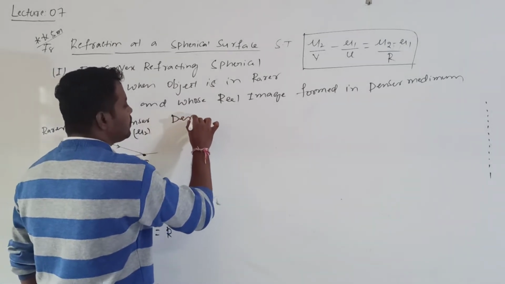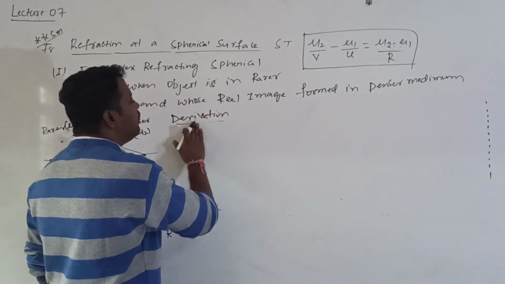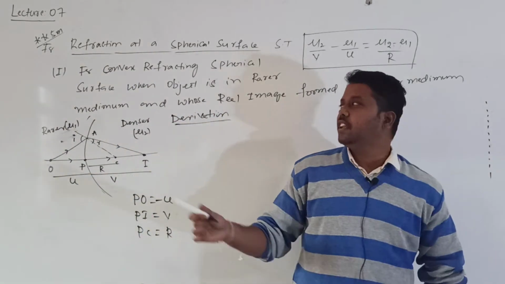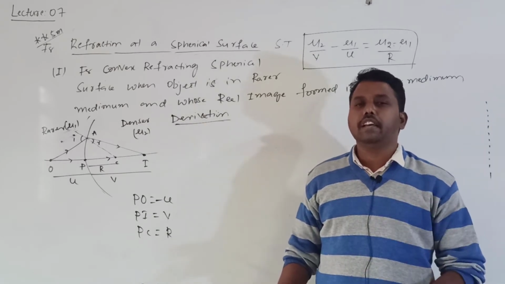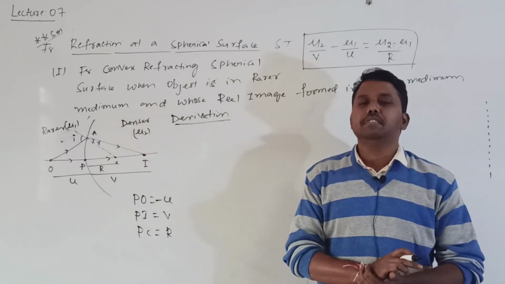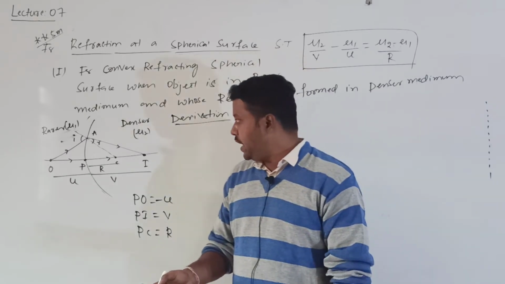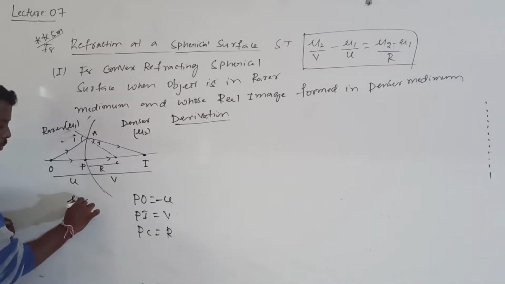And one more important point: for the diagram, 1 mark will be given to you. After that you need to describe the diagram: consider a convex spherical refracting surface which separates two media of refractive indexes mu1 and mu2, such that mu1 is less than mu2.